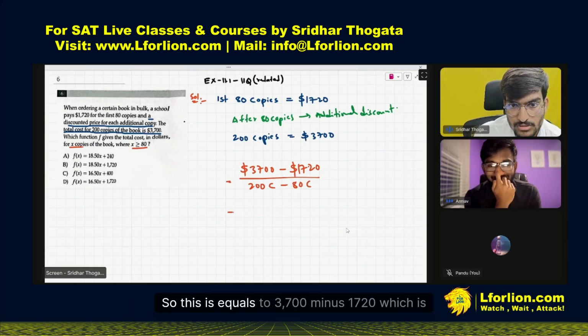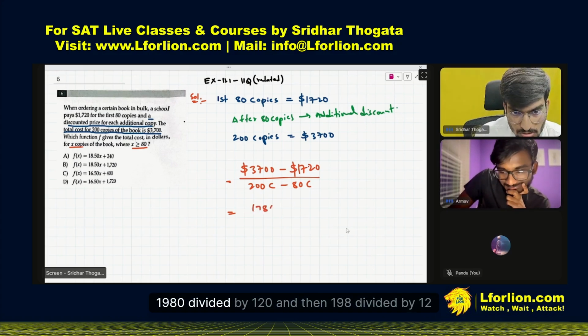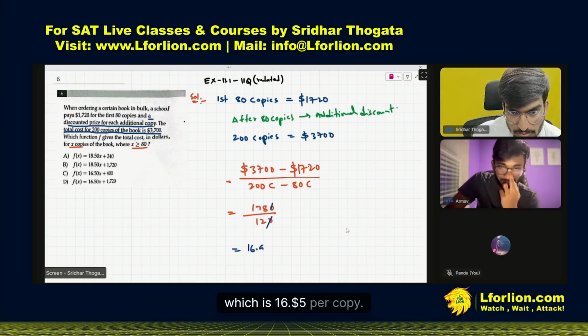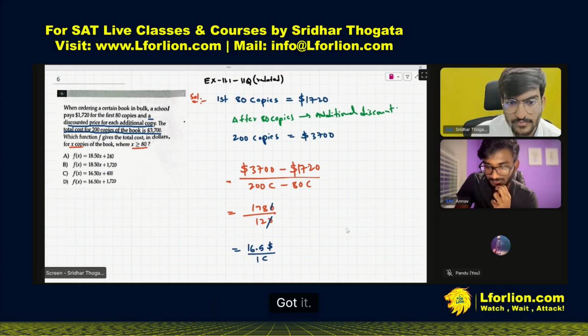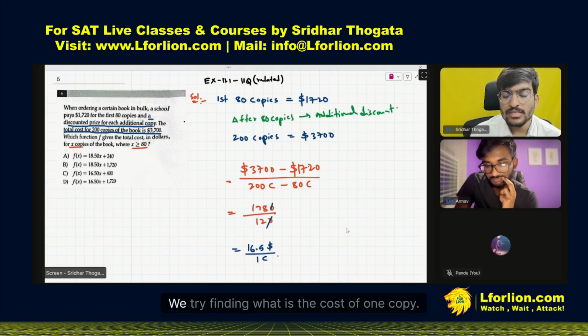So this equals 3700 minus 1720, which is 1980, divided by 120, which is $16.5 per copy. Got it? So what we did here, we tried finding what is the cost of one copy.